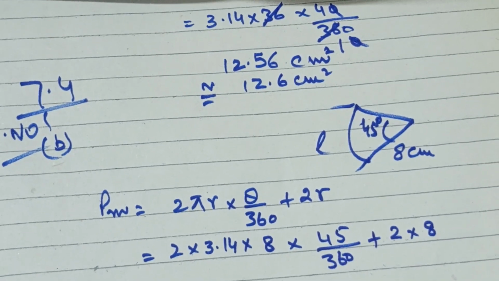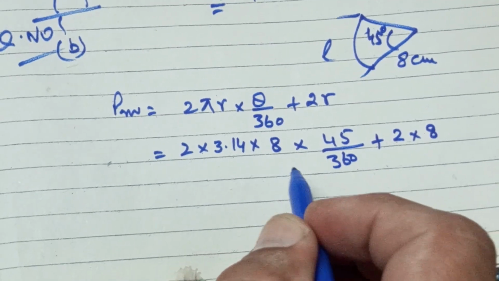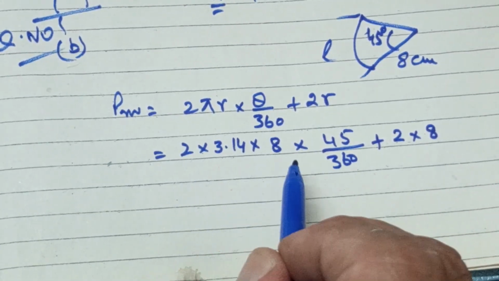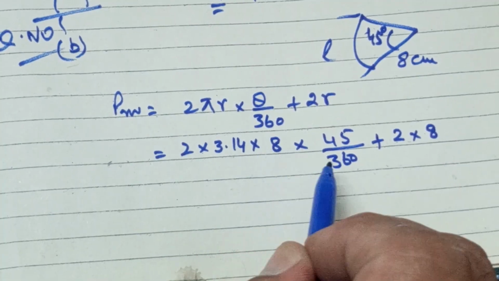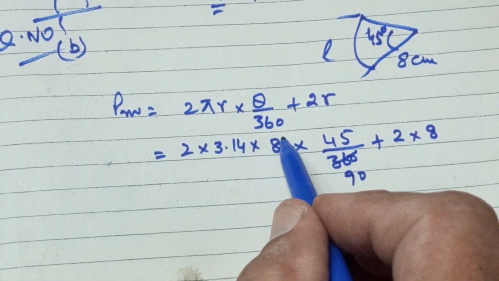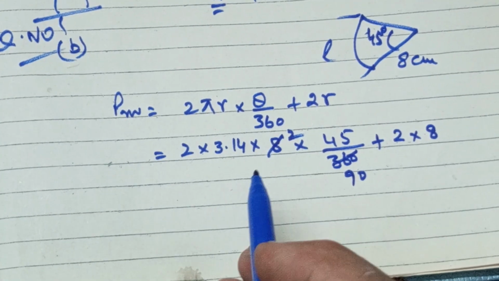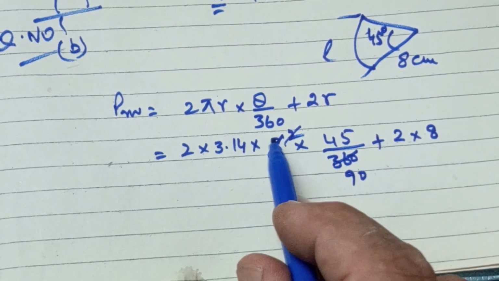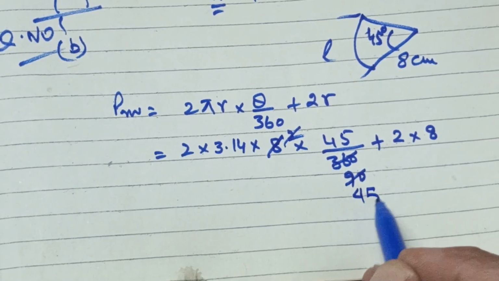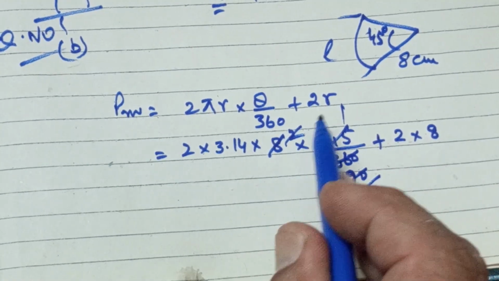Okay, my dear student, now you see what will happen over here. Is there anything which is simplifying? Yes, there is. 45 times 8 is 360, so 45 and 45 cancel, and it has become 1 over here.